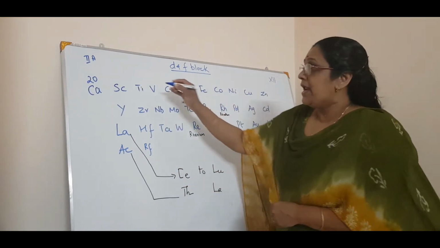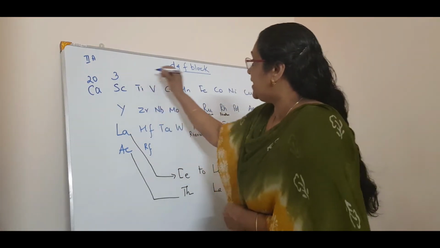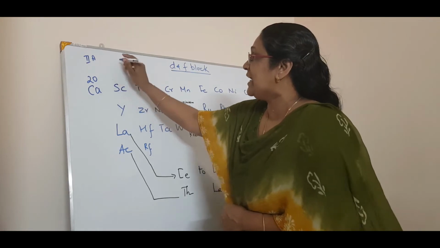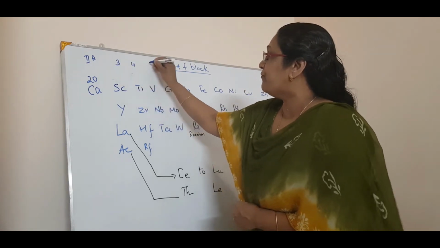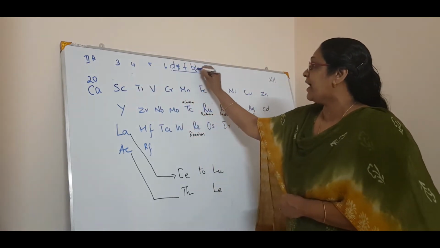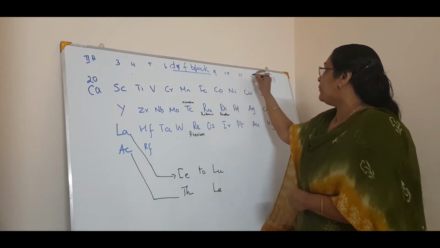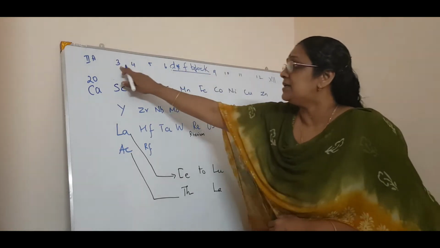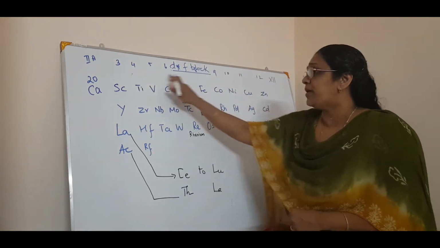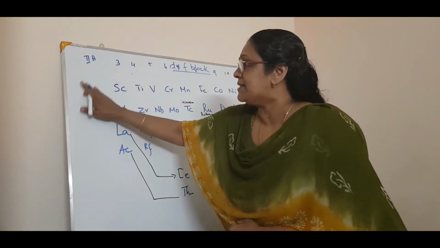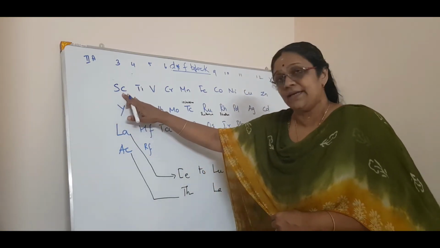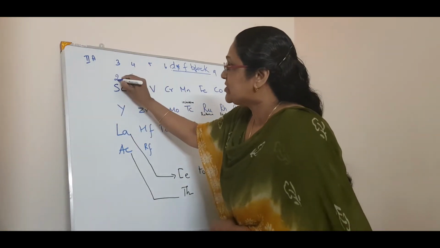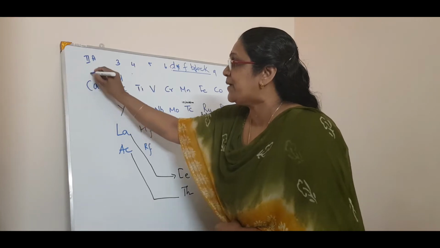Now this is the third group. I am telling about the third group, 4th, 5th, 6th, 7th, 8th, 9th, 10th, 11th, and 12th. So from the third group to the 12th group is our D block element. Starting from scandium, its atomic number is 21. That's why I put calcium as 20.